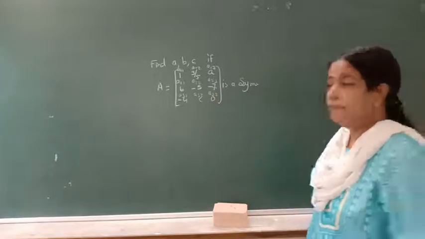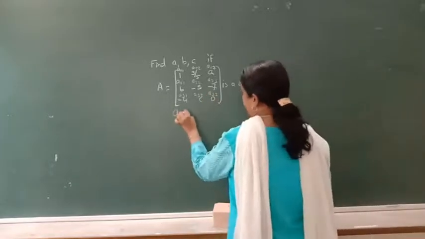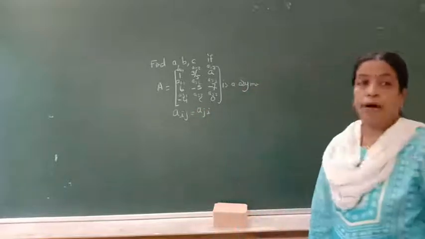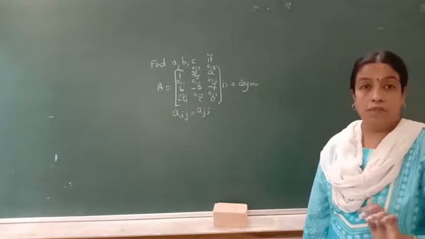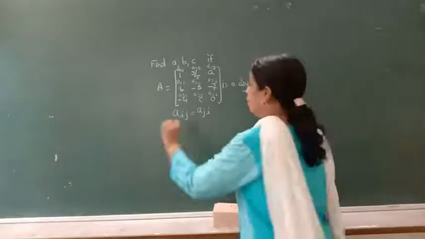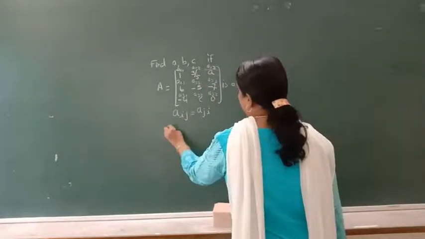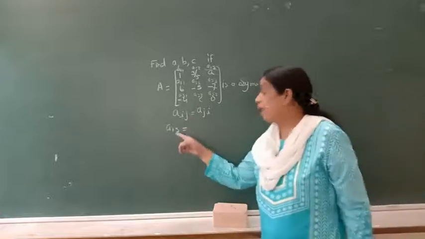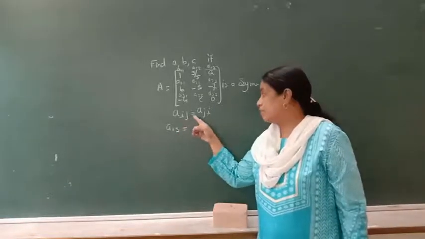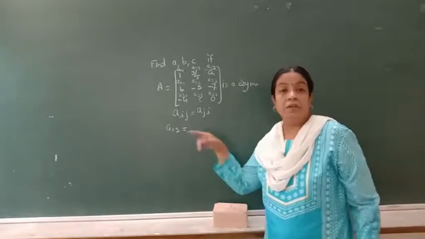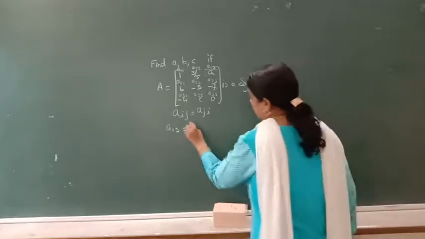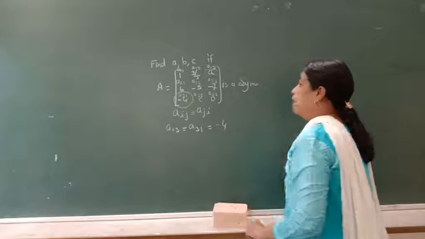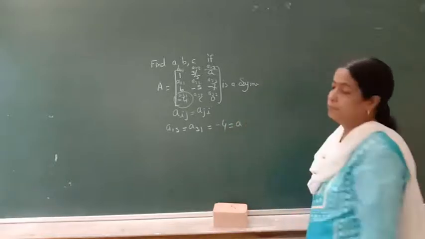Now as it is given here, we know that it is symmetric, which means Aij is equal to Aji. Now the unknown variables, see which positions they are at. Here is A, at A13. According to this rule, A13 will be equal to what? A31, and which is the element present at A31? So what is the value of A?